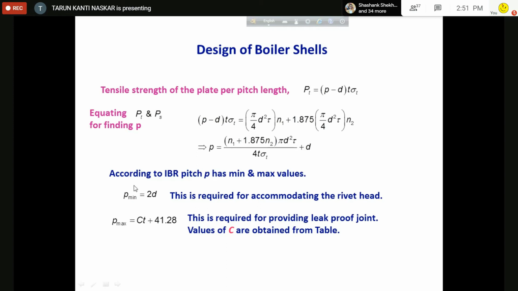It should not fail due to tensile stress, and it should not fail due to shear stress. So if you equate PT and PS, then you will find a P for which the plate won't fail in either tensile stress or shear stress. This is my point. Clear? Okay, sir.